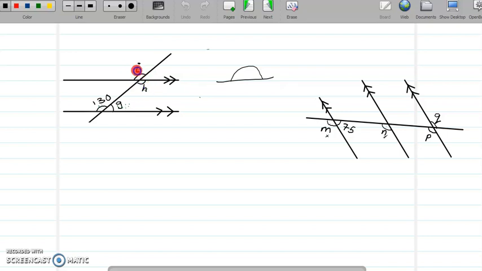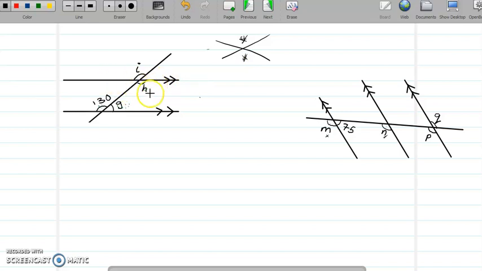We can see that these two angles are the same, and they are what we call the vertical angles. When I have two straight lines crossing each other, the angle here is equal to the angle here. That is what happened here, the vertical angles.